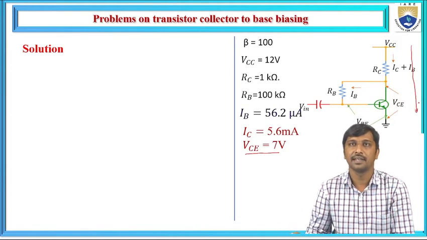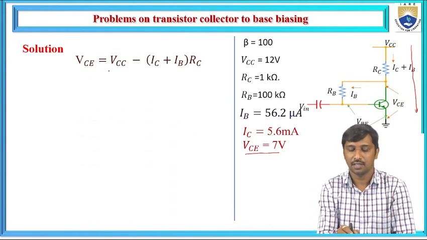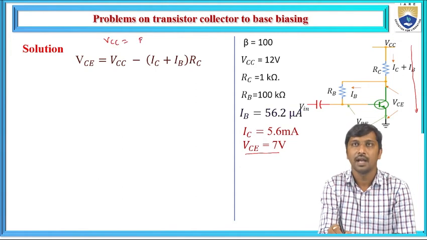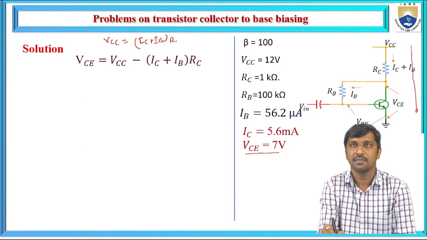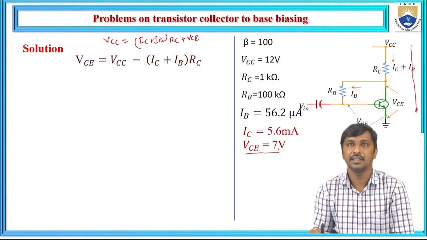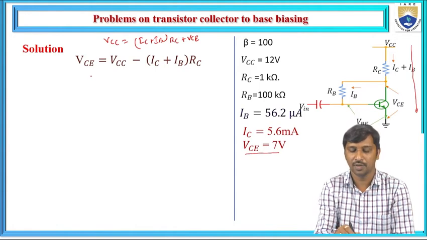So from this representation, we know that at the output side VCC is equal to (IC plus IB) times RC plus VCE.